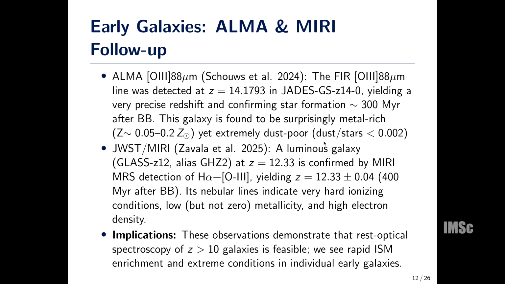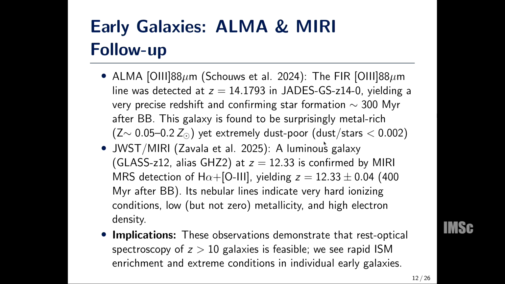And this galaxy was found to be surprisingly metal-rich, but it was extremely dust-poor. So it doesn't have dust, but it has some of the other metals in large quantities. You can also follow up this and other galaxies with the MIRI instrument on JWST, and there you can get H-alpha detection, and therefore a fairly solid redshift.